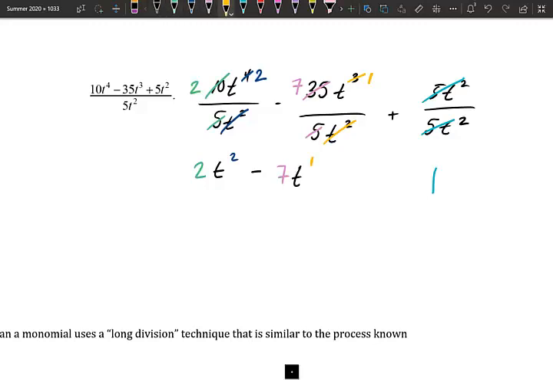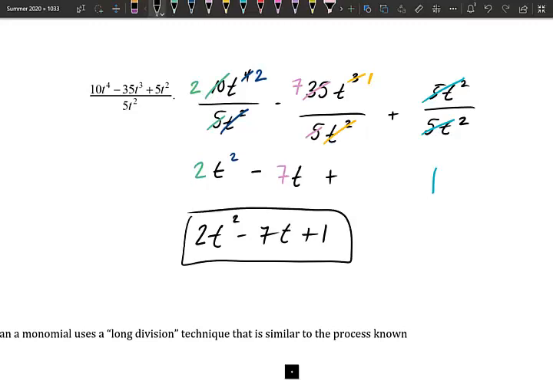You don't have to put the little 1, I'm not going to, but only 1 is left. And then plus 1. So I'll rewrite that. We have 2t squared minus 7t plus 1. And that's our simplest form.